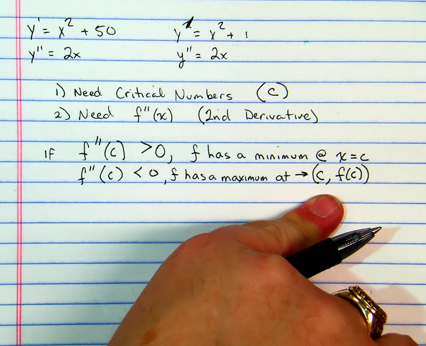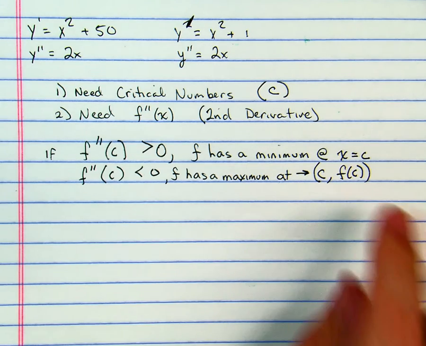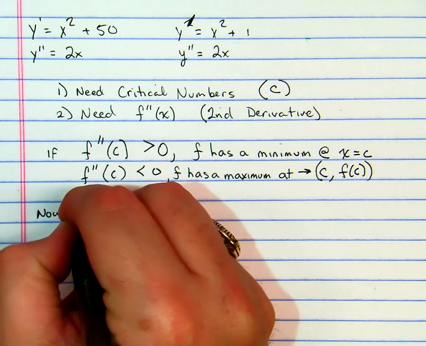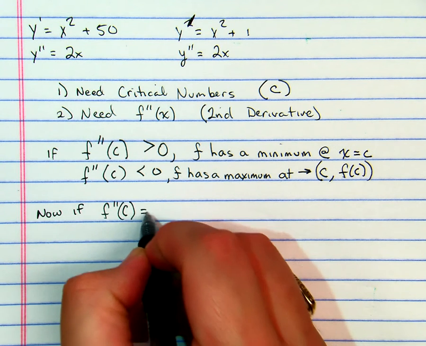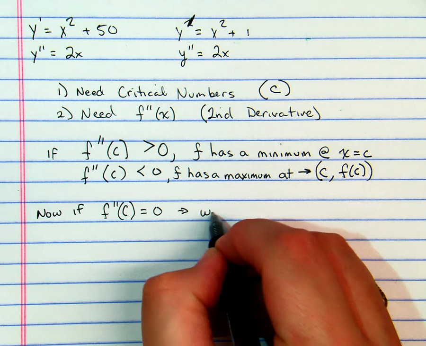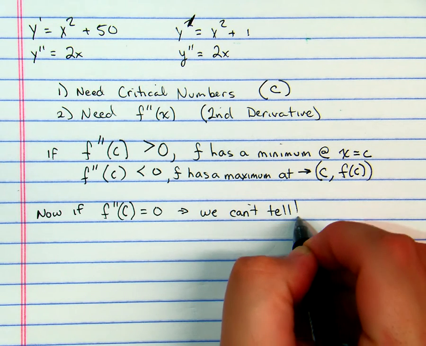Now, if f double prime of c is equal to 0, we can't tell.